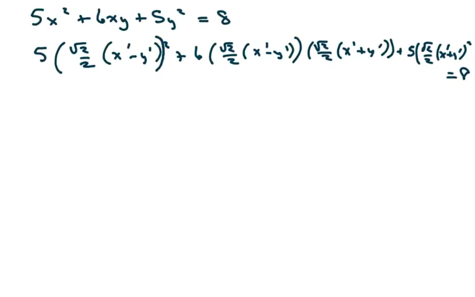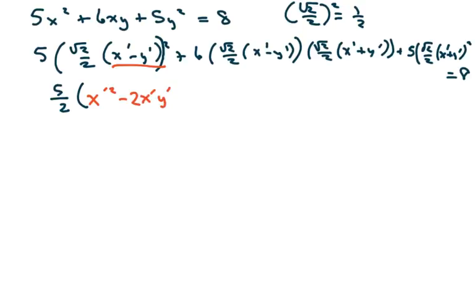Now what I'm going to do is go ahead and square out the 2, and when you square square root of 2 over 2, it is 1/2. So I'm going to go ahead and put the 5/2 here, and then I'm just going to expand this. So we know that this is x prime squared minus 2x prime y prime plus y prime squared. Now this one, we know that these two multiply give you 1/2. 1/2 times 6 is 3.